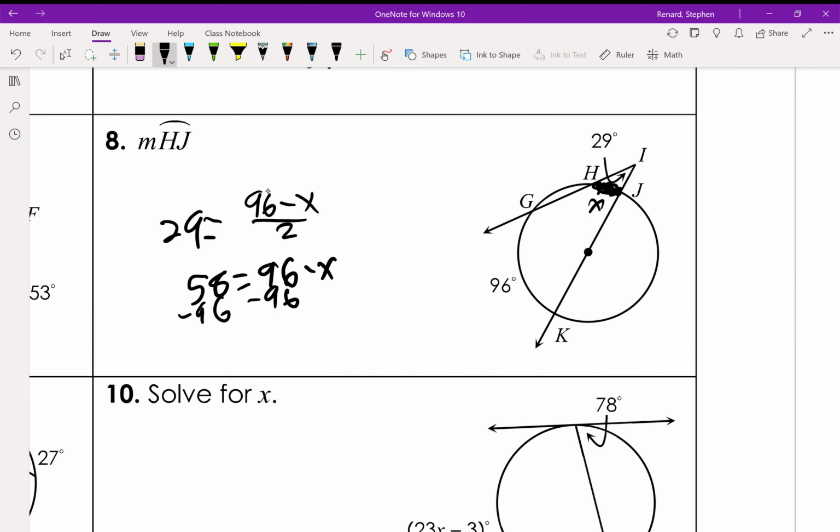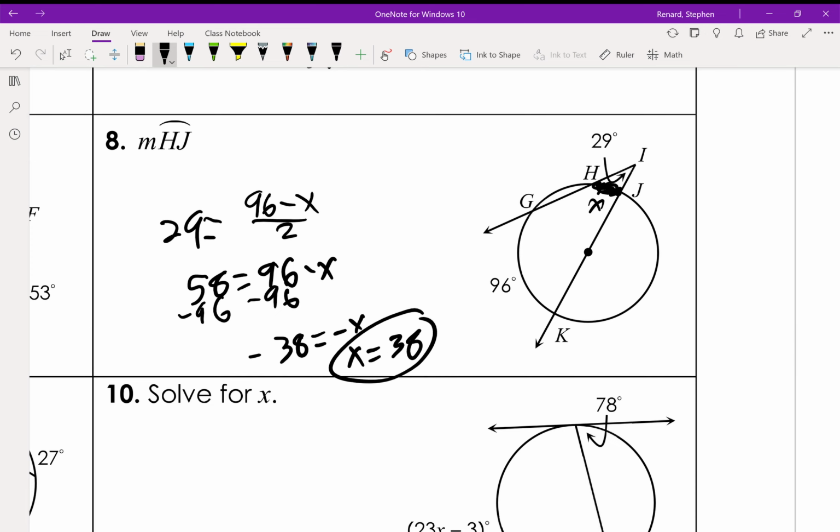I know this seems weird because we're going to end up with negative numbers, but it's okay. Then we get negative 38 equals negative X. Divide both sides by negative 1. We get X equals 38 degrees.